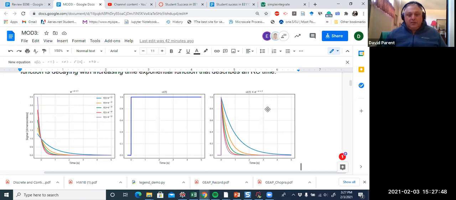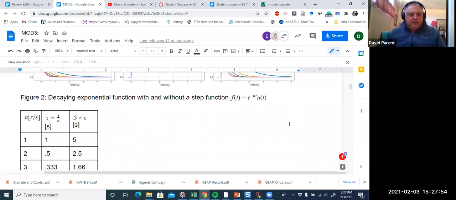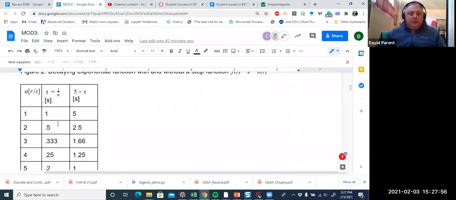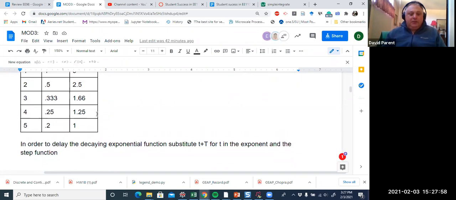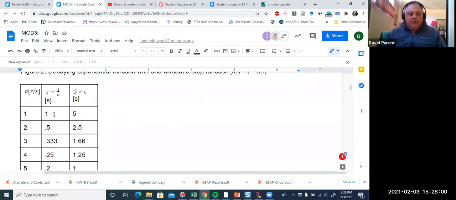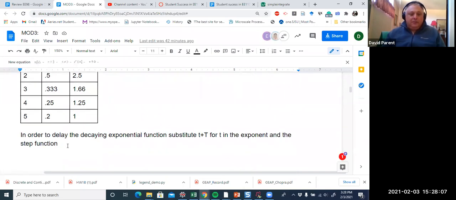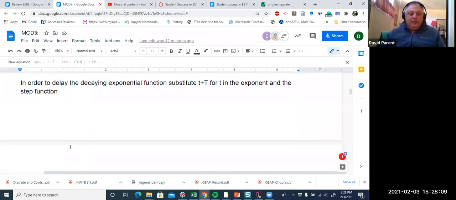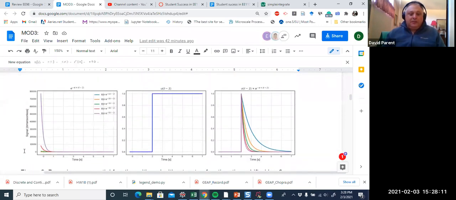You have a step function, you multiply them together, and you get various discharge rates. I did a quick table for the various taus. So if alpha is 1, then tau is 1 second, and 5 tau is 5, and you can go from there. And then here's the shift where I shifted things by 2, and you get that.